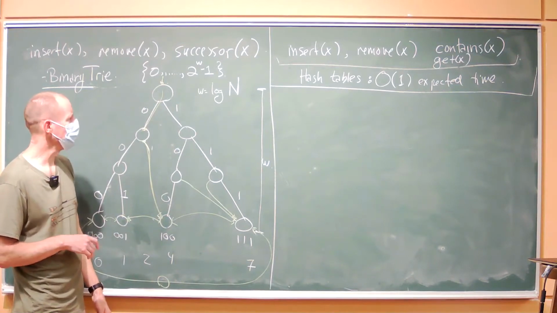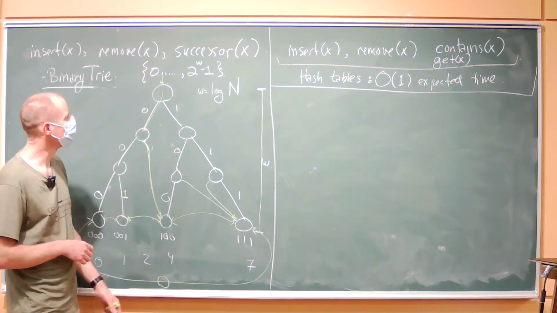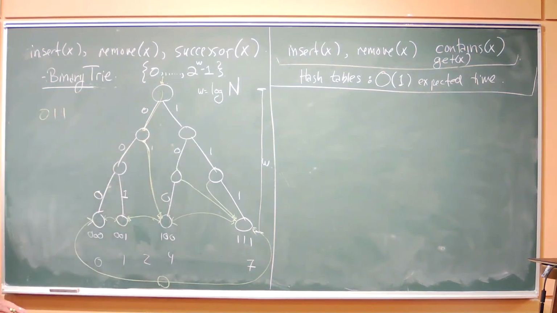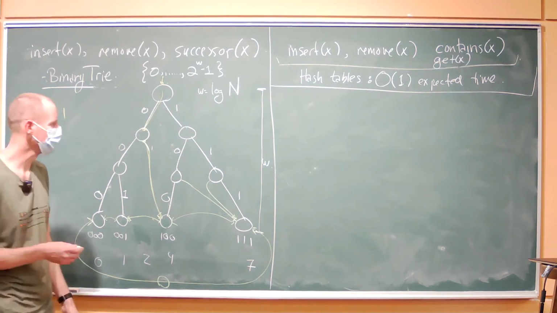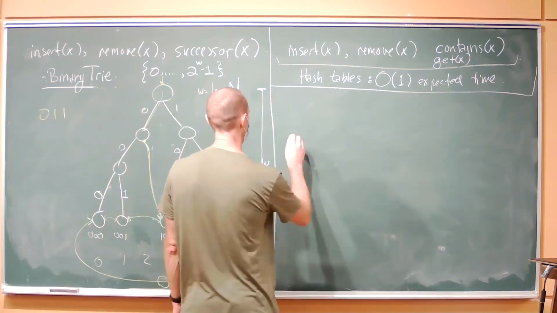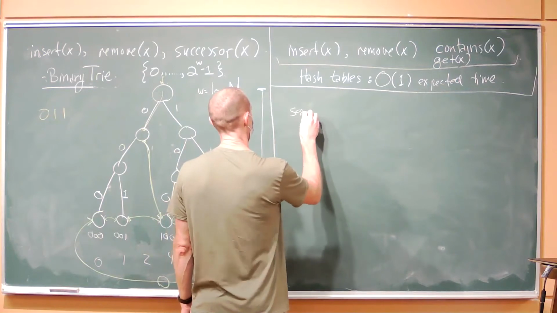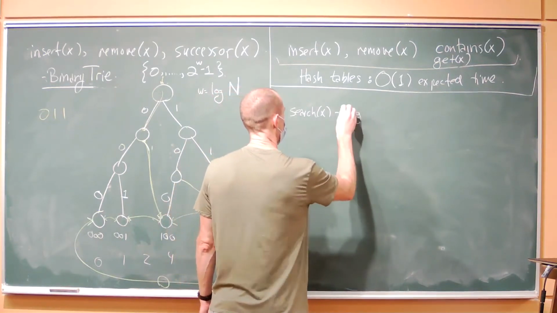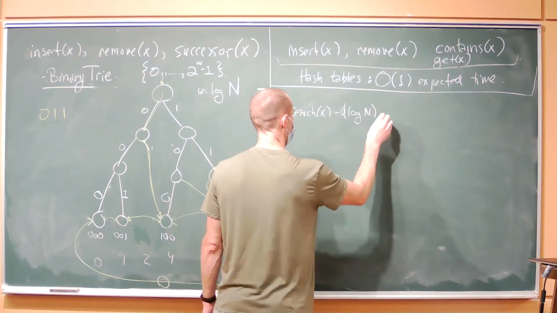A binary search tree could search in log little n time, and little n is always not bigger than big N. So that's disappointing, but the point is to build up from here. So searching in this thing takes O of log N time.